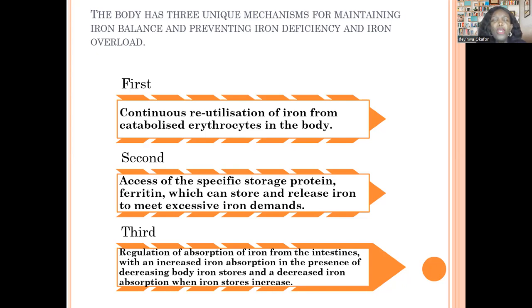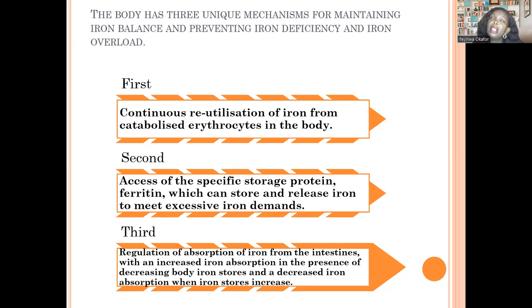First, there's a continuous reutilization of iron from catabolized erythrocytes in our body. Like I tried to introduce in our previous classes, red blood cells circulate within our body for a period of 120 days, that is the lifespan of red cells, and then they are pulled out of the system by the reticuloendothelial system in the spleen, and these aged red cells are destroyed. In catabolism of red blood cells, hemoglobin is destroyed, and hemoglobin is made up of heme and globin. The heme aspect is catabolized, and you have the protoporphyrin ring, and then iron.